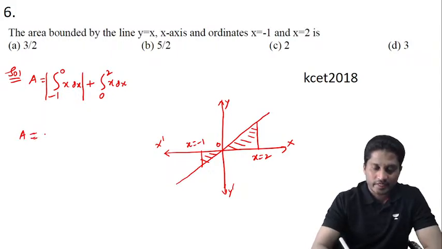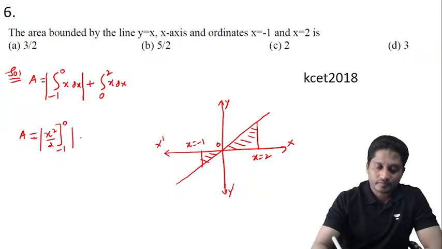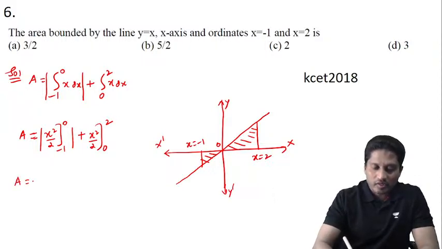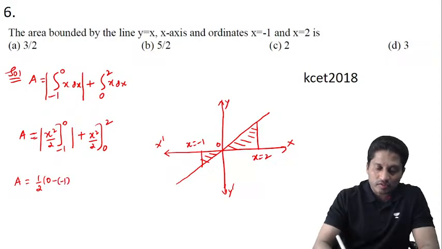Area is equal to integration of x is x square by 2 between the limits -1 to 0, and integration of x is x square by 2 between the limits 0 to 2. Right, now this is equal to half of upper limit is 0, lower limit is -1, the whole square. There's a mod here, plus half of upper limit 2 square is 4, lower limit is 0.